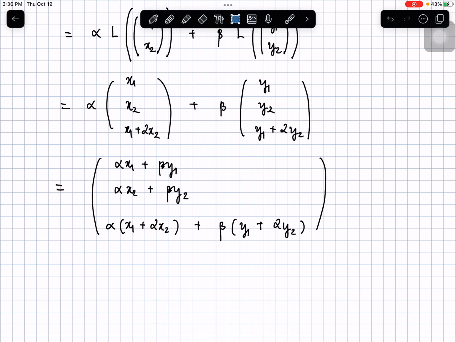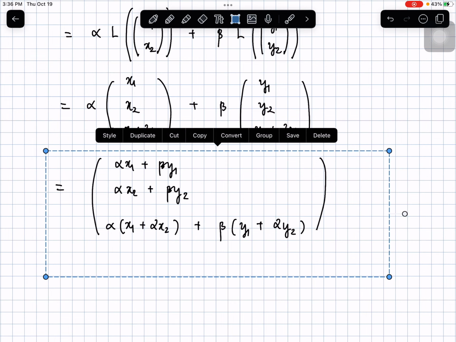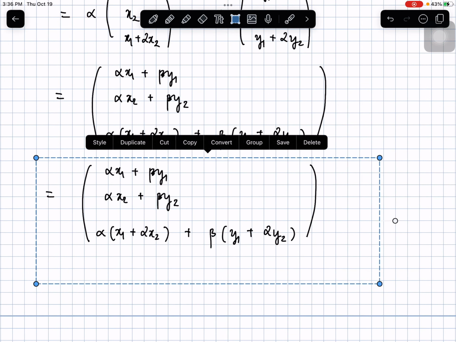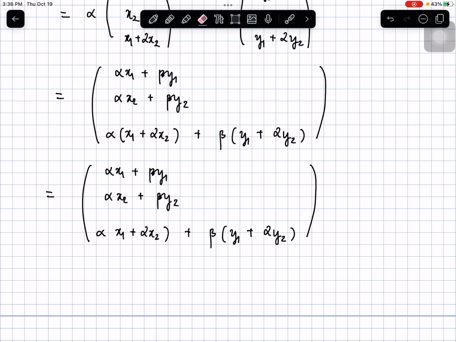You can do one more step. We can put alpha here, beta here. Alpha x1 plus alpha 2 times x2, so alpha here too.